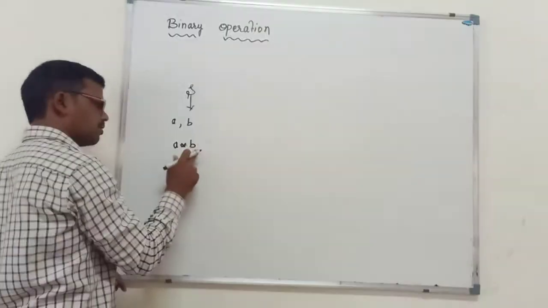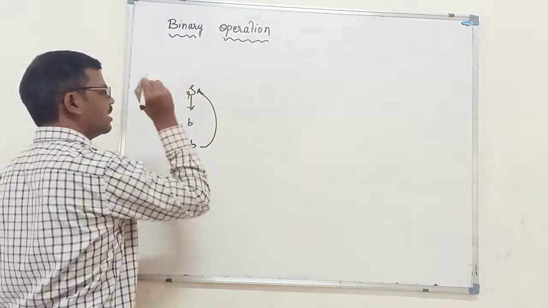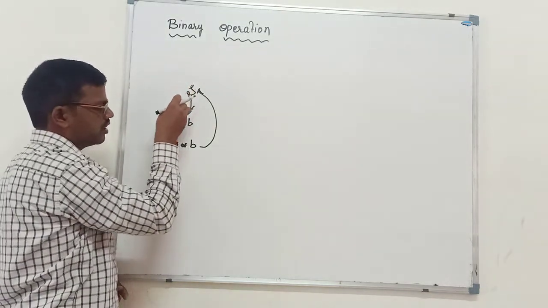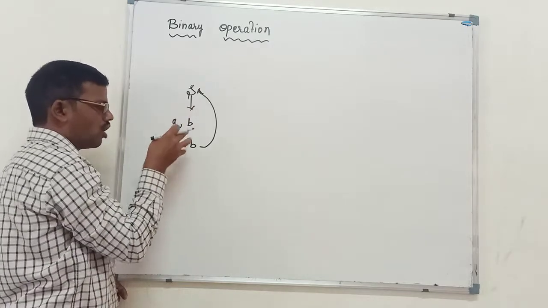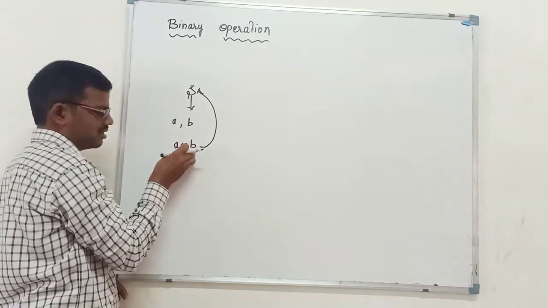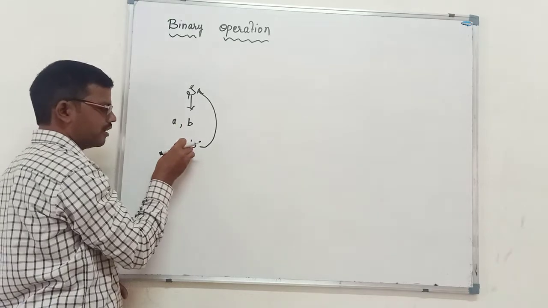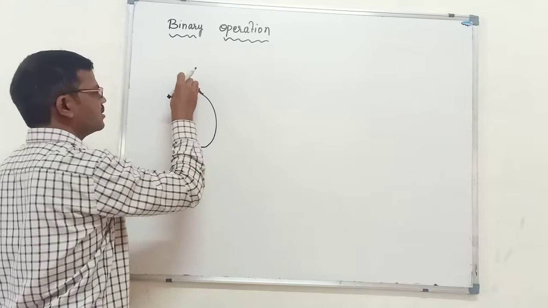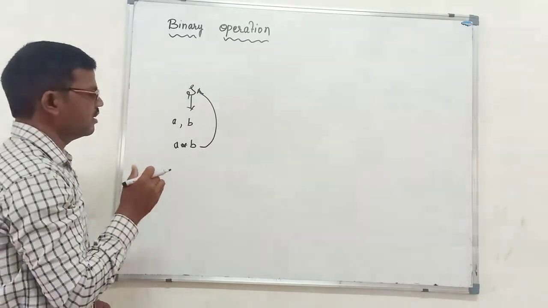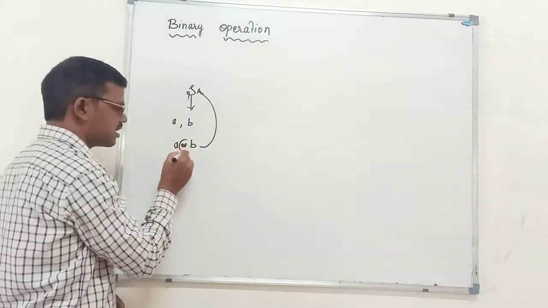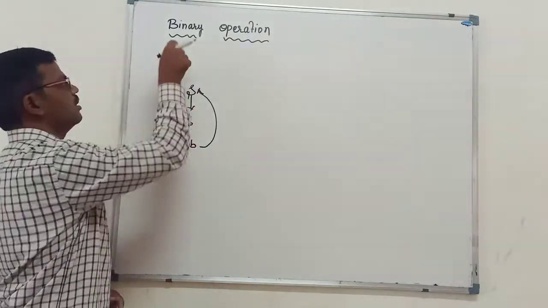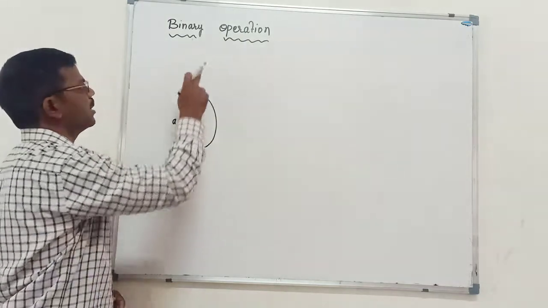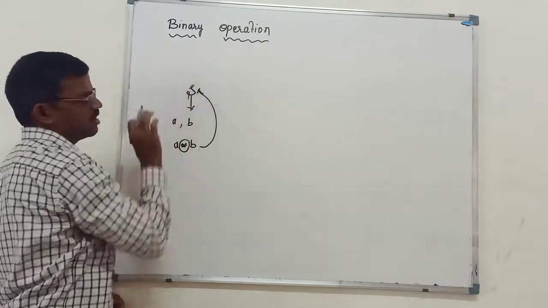If this a star b is again in S, that is, if we select any elements of the given set and operate those two elements, and the result we get is once again in the given set, then we say that the star operation is called a binary operation on S.